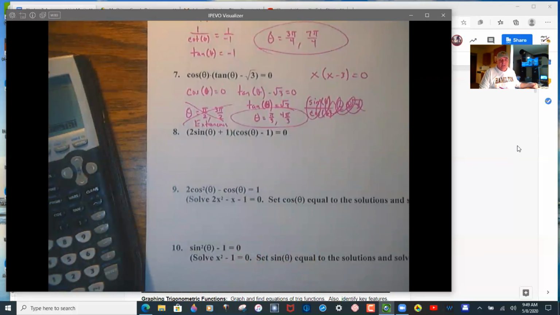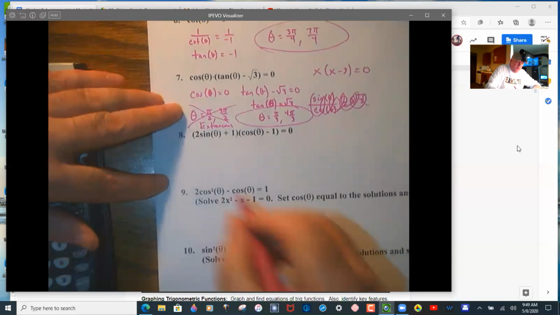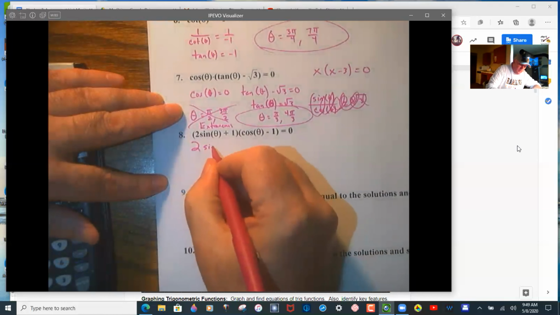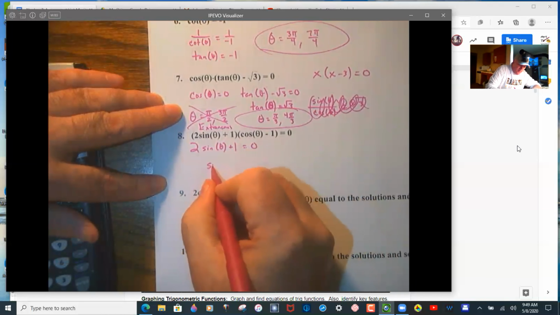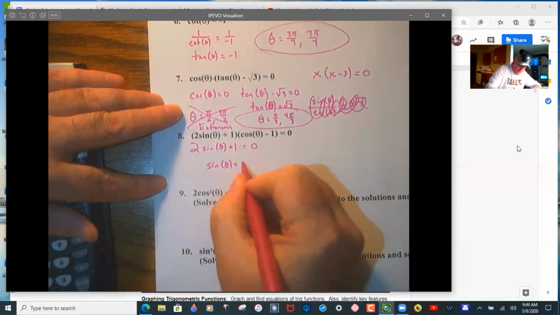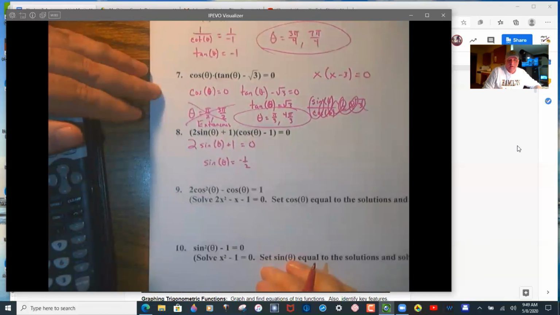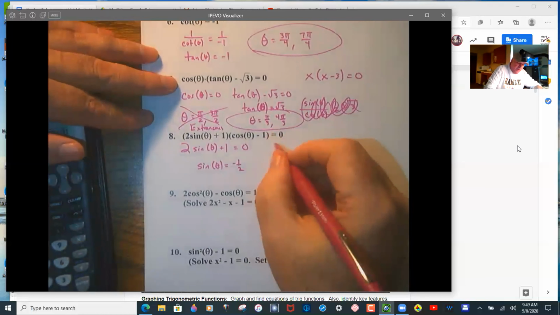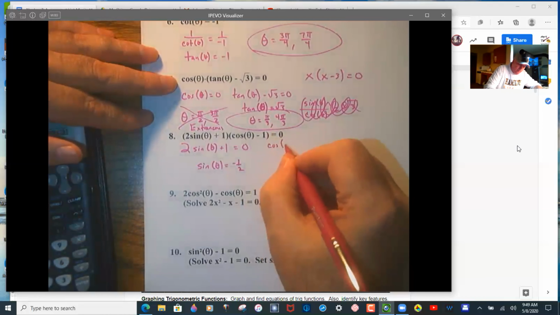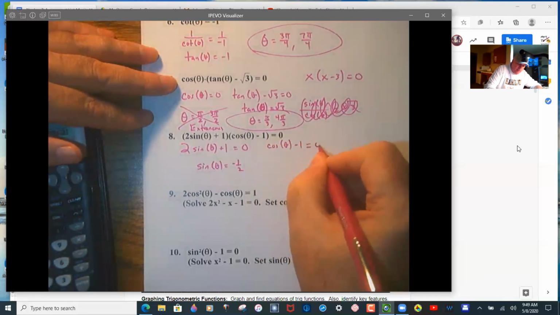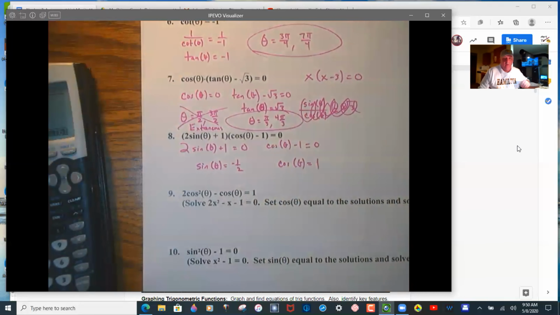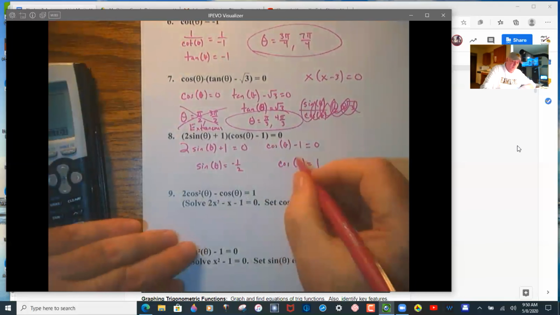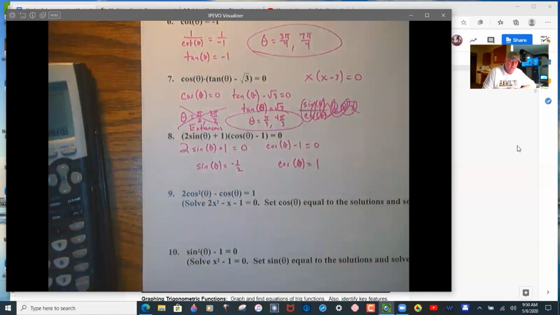So on 8 and 9 and 10, you have to take these factors equal to 0 and solve if you want to use the table. So that's where some of the work comes in. So this would be sine theta equals -1/2. And then look across your table. I would advise you to learn how to set this up on your calculator so that you can read from that.